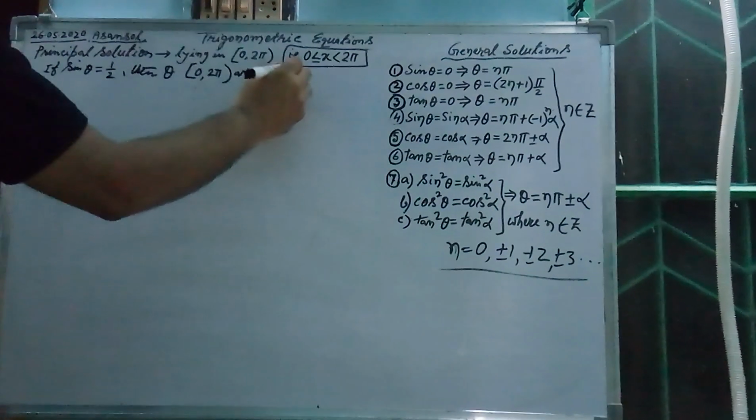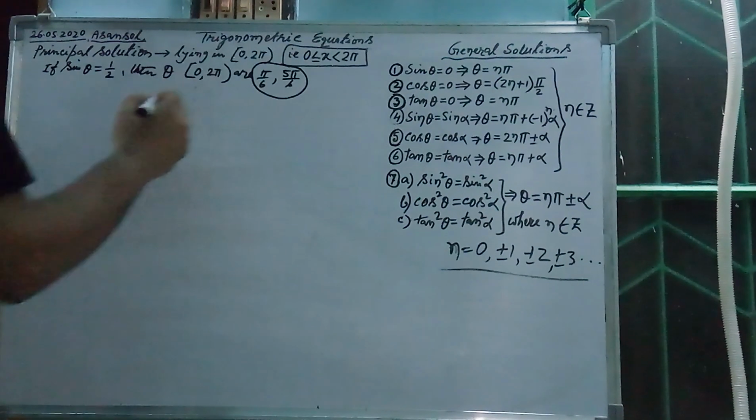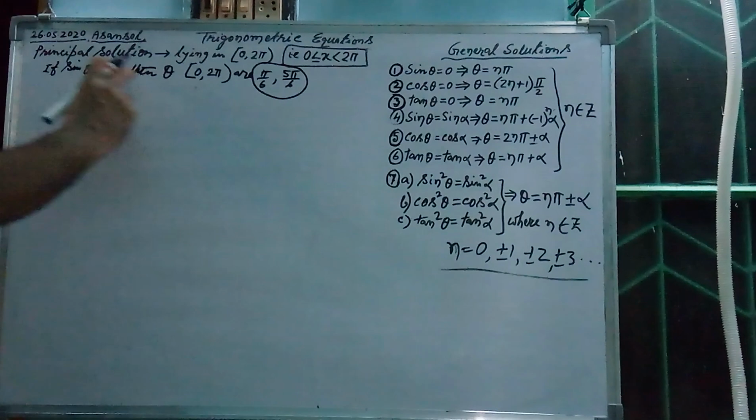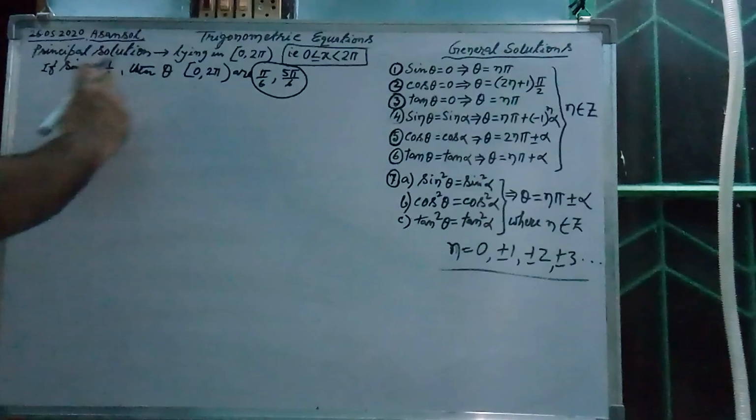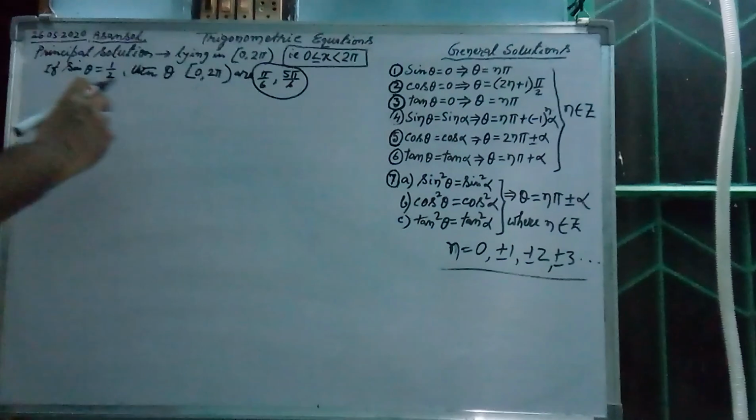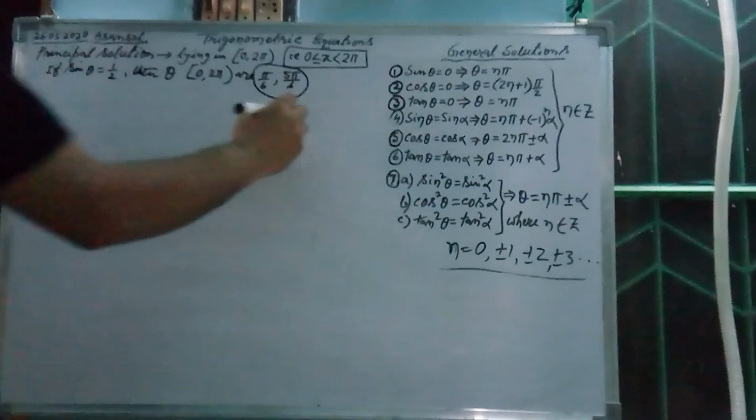Thus, pi by 6 and 5 pi by 6 are the principal solutions of sin theta is equal to half. How pi by 6 and 5 pi by 6?